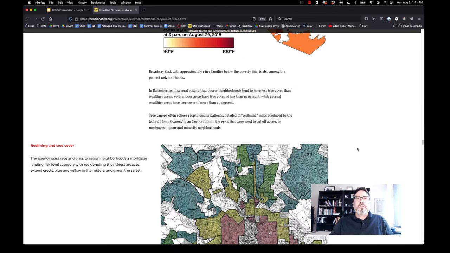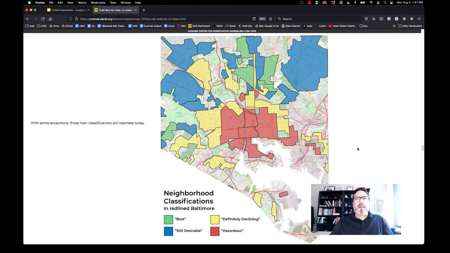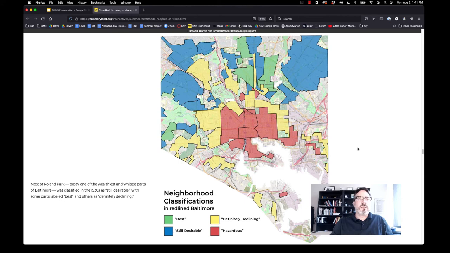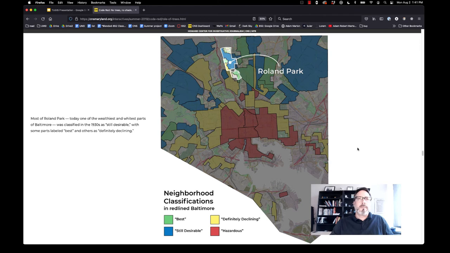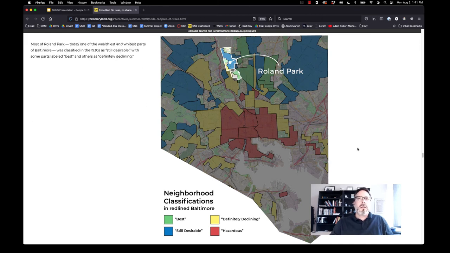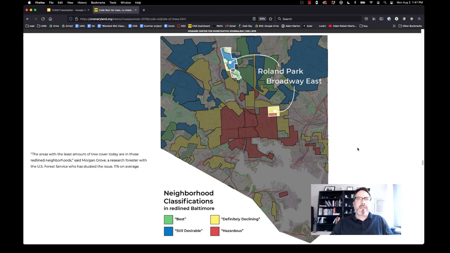And so we took this a little bit further and actually looked at redlining and tree cover as well, where we can see neighborhoods that were classified as high risk, desirable, or declining by redlining in the 30s. Roland Park in the 30s was marked as still desirable, and Broadway East as definitely declining and hazardous.